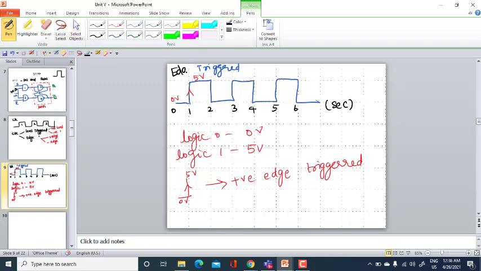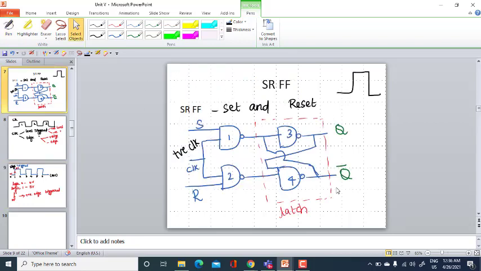Whenever I'm talking about positive edge triggered, it means whenever I have a change in transition from 0 to 1, there will be change in the corresponding output.